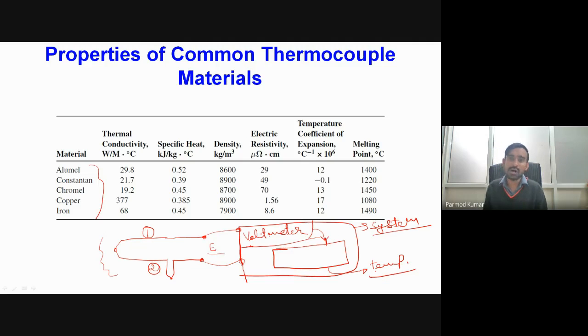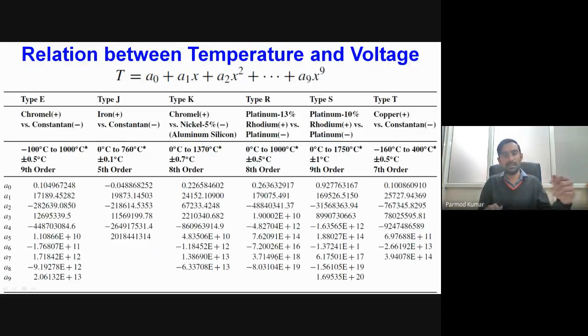So how is this accomplished? Inside this microprocessor, we have to do a certain operation, and that operation is converting our voltage value into the temperature value. For that reason, we take a polynomial relationship between the temperature and the corresponding value of the voltage.